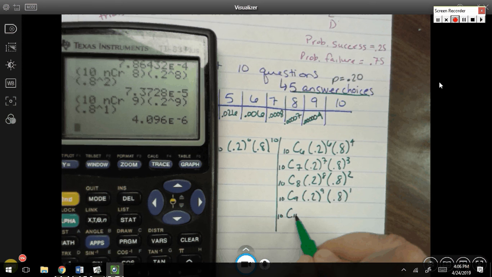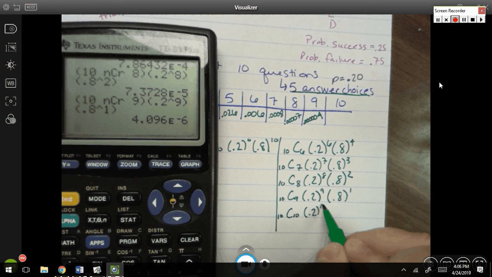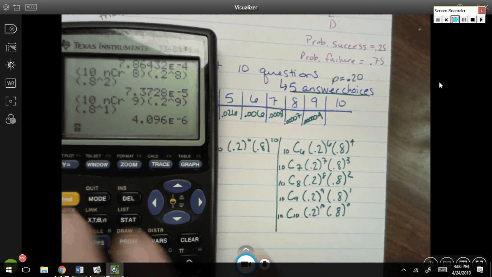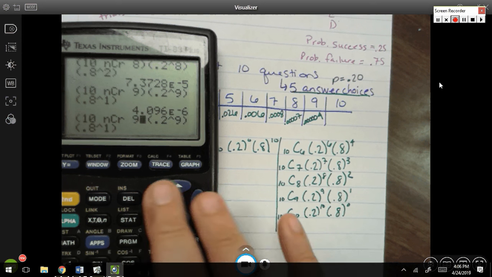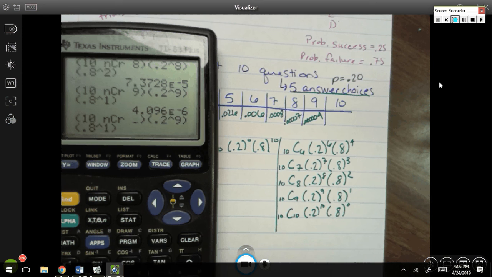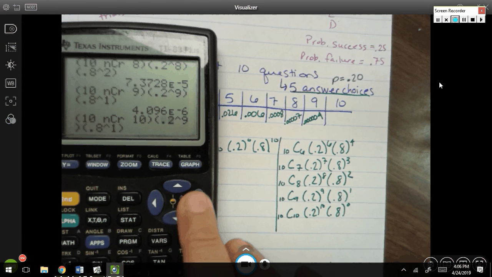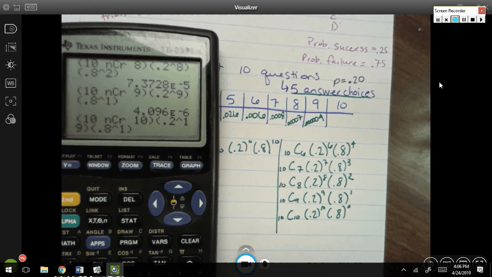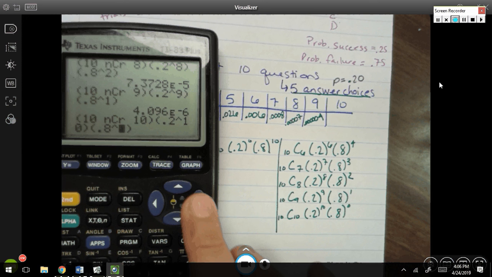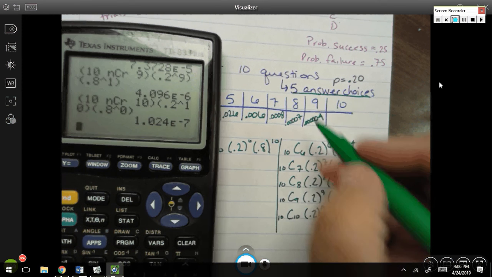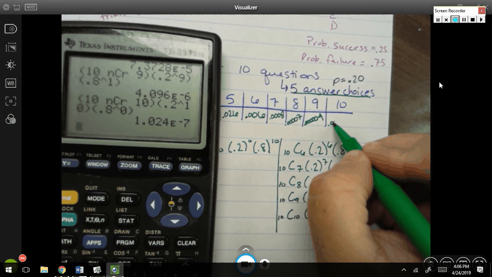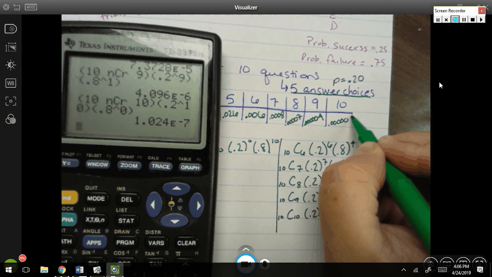So this is the probability that you randomly guess every single problem right on the test. That clearly you didn't study for, right? And get them all right. 1, 2, 3, 4, 5, 6.